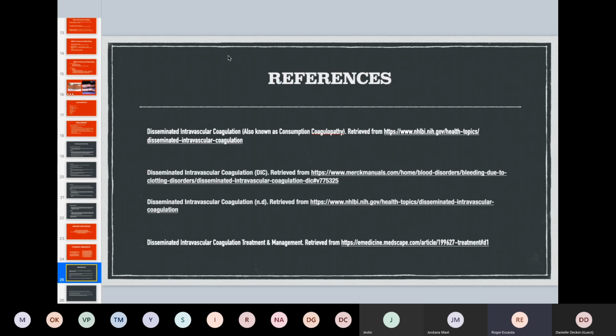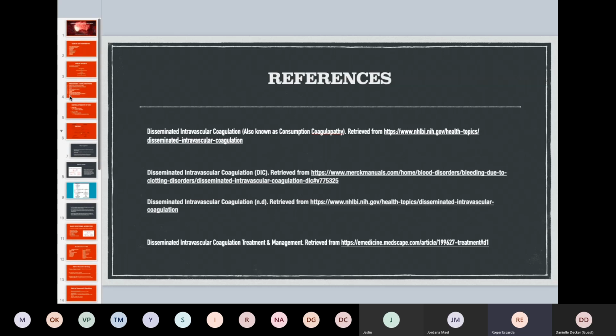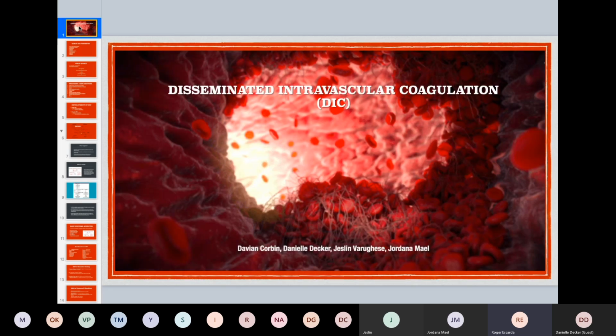Okay, good job. Let me just recap DIC. So the group showed the causes. So you can see DIC is not a primary disorder, right? It's a complication that results from various causes, and the causes mentioned are not minor. These are severe conditions.